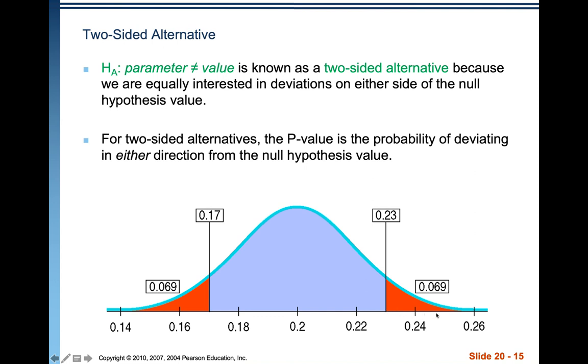You're going to find the area to the right of it. And then you're going to reflect that same thing over to the left side of the distribution and find the area to the left of that tail. Now, if you use your CAS, all of this is going to be done in the background. But the thing that you have to remember is that a two-sided alternative is dealing with two tails.